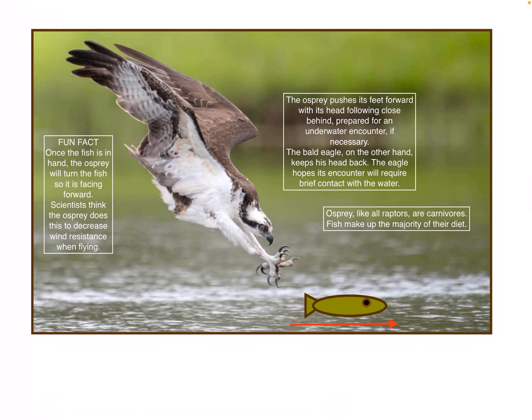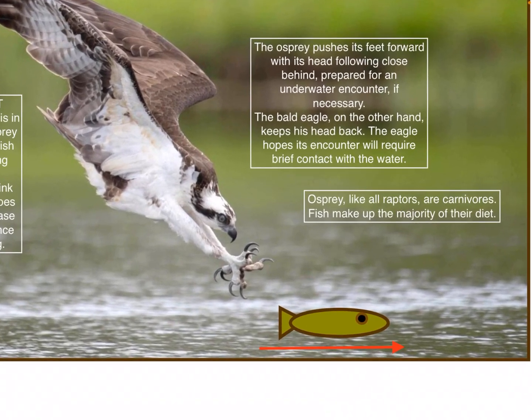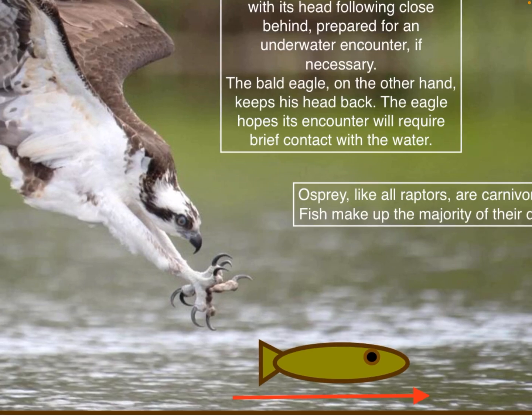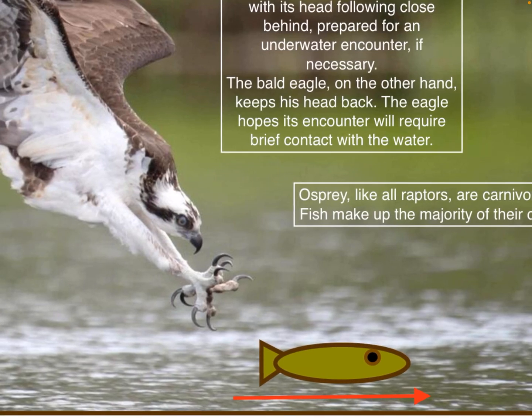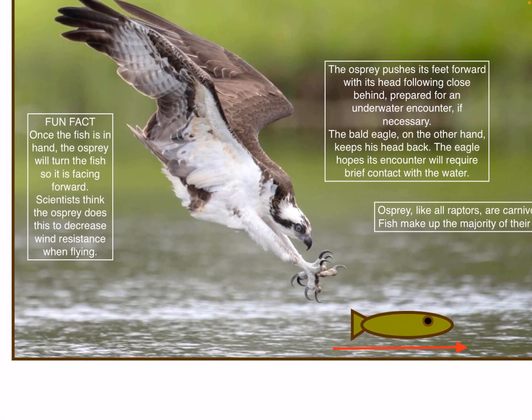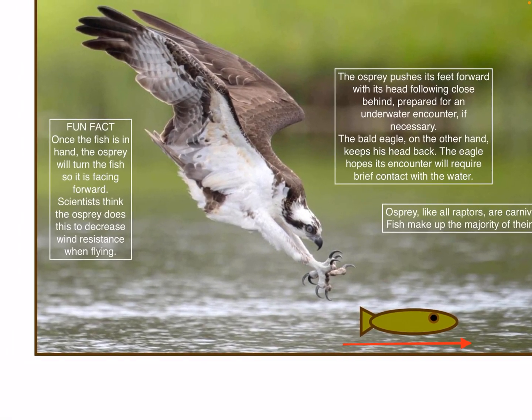So you can see his position is a little bit different than what we're going to see on the bald eagle in the next slide, but you can definitely see, once again, let's zoom in a little bit, that is laser focus. Those talons are extended, and he is ready to grab a fish. And then that fun fact, we mentioned this on the previous slide. Once the fish is in the hand, the osprey will turn the fish so it is facing forward.